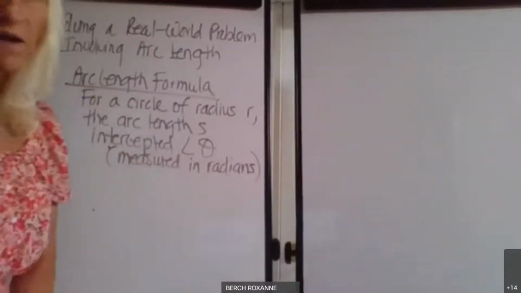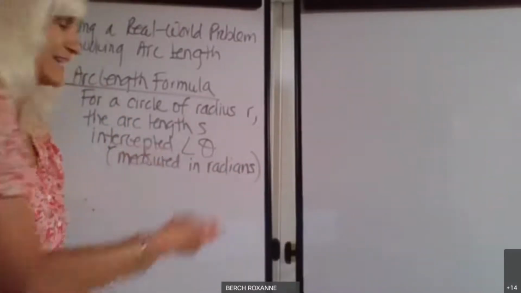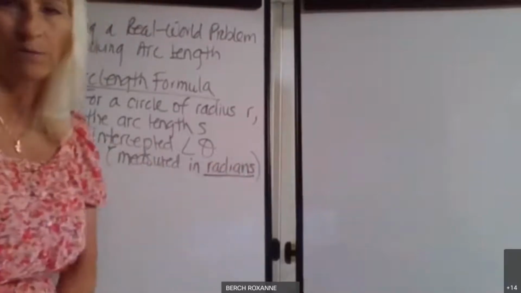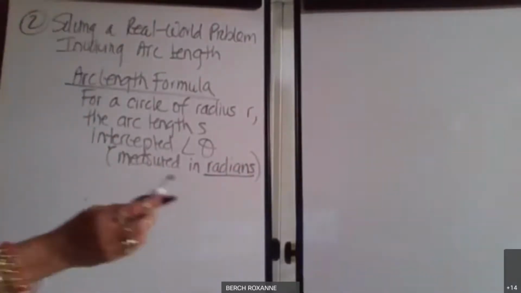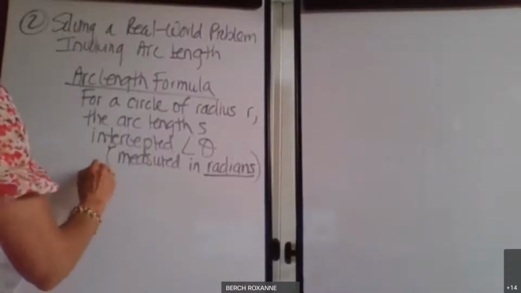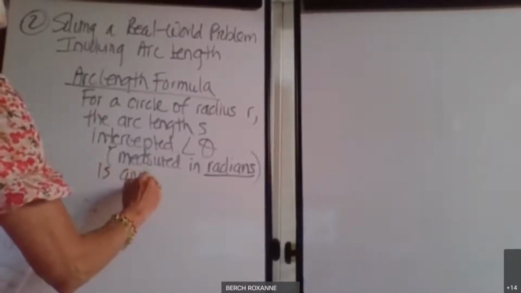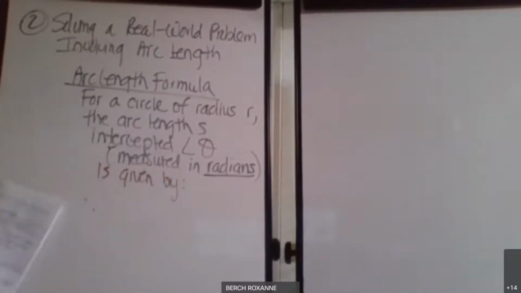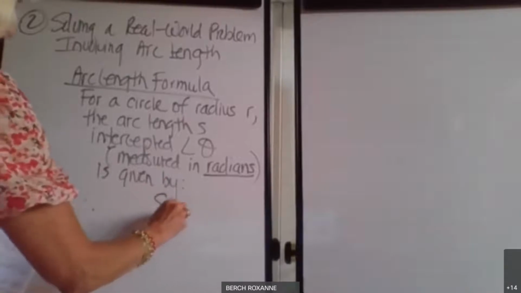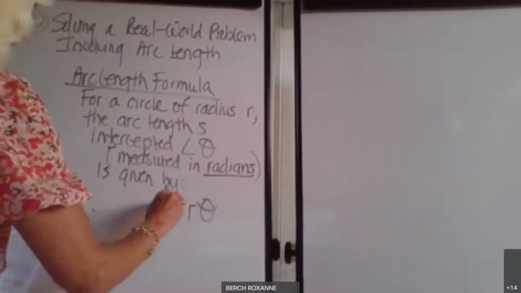If I were you right now, I would change my mode to radians because I'm talking about radians and you're in the wrong mode right now. So change your mode to radians. It is given by S equals R theta.